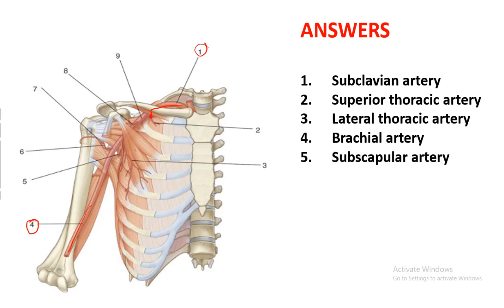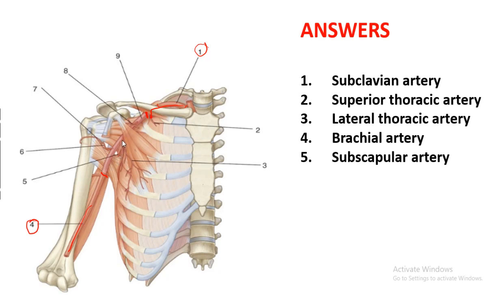5 is also another branch which is coming from the axillary artery. Remember, from here to there, the word which will be used is the axillary artery. Then from there to there, we normally have the subclavian artery. Within the subclavian artery, there are some branches.